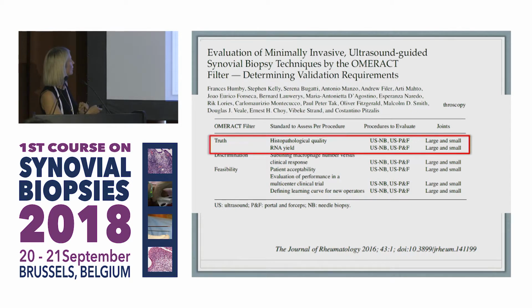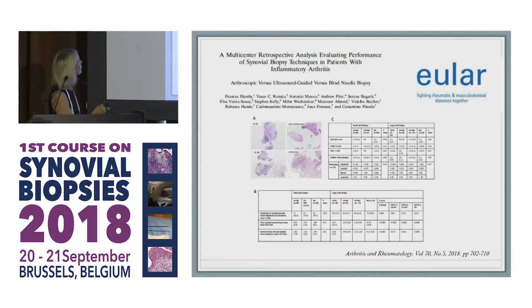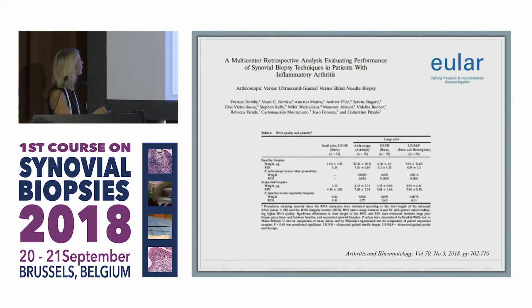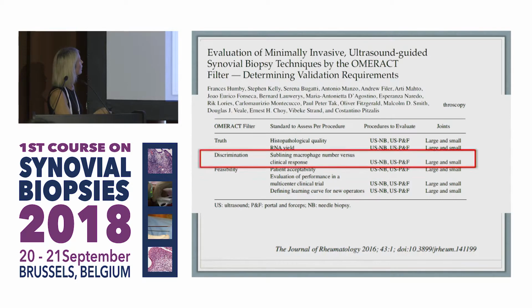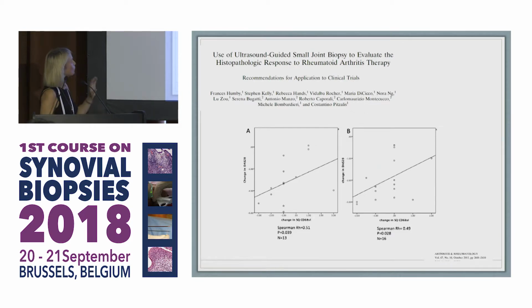Now moving on to sublining macrophage number versus clinical response. Embedded within that paper was an evaluation of an important factor, part of the OMERACT filter: whether samples accessed using a minimally invasive ultrasound-guided approach were able to determine active versus inactive disease using our validated biomarker, which was sublining macrophage number.